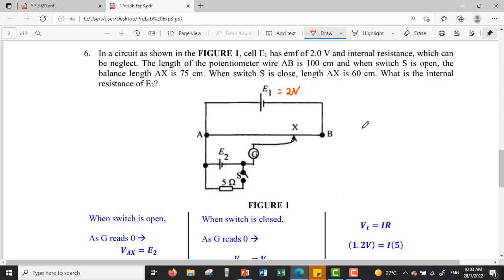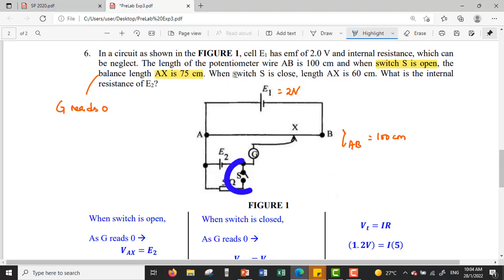When switch S is open, the balance length AX is 75 cm. Balance length means the length when G reaches 0. So when G reaches 0, the length AX is 75 cm.